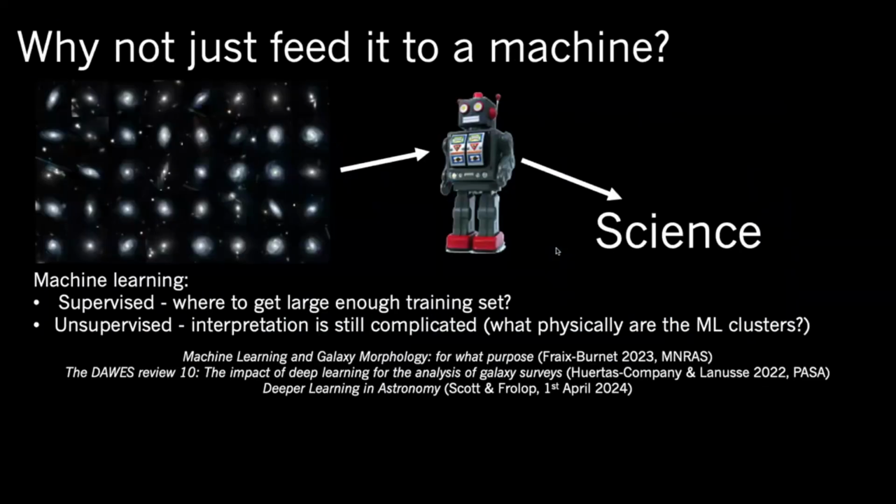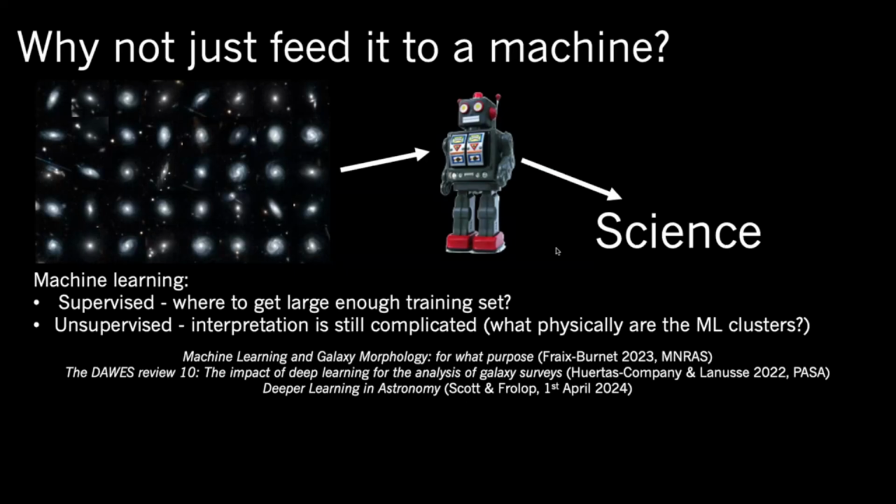I'm often going to be asked when I talk about Galaxy Zoo, why aren't we just feeding this to the machine? We just give the galaxy images to a machine learning algorithm and we can do science from that. Well, machine learning has some complications. It broadly falls into two categories, right?